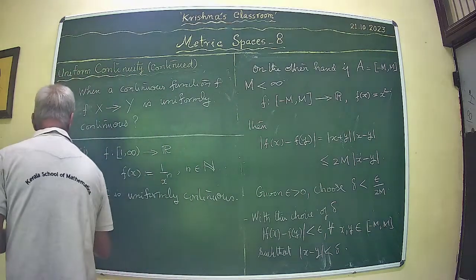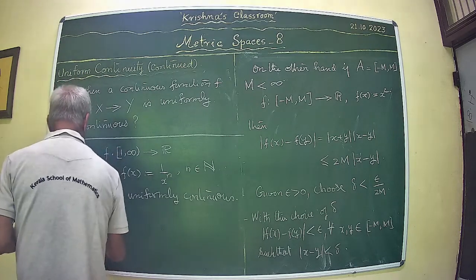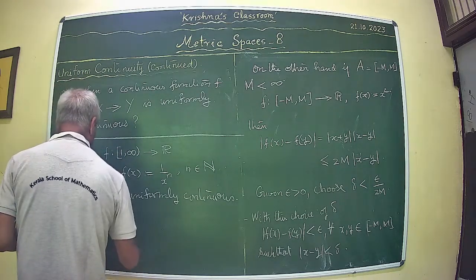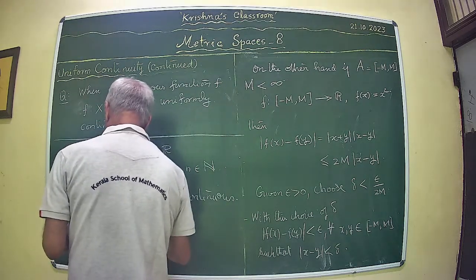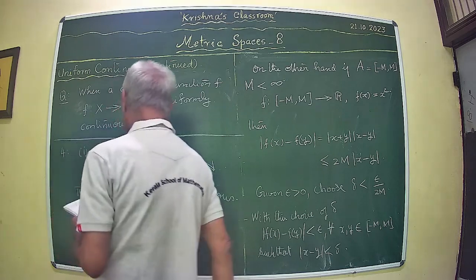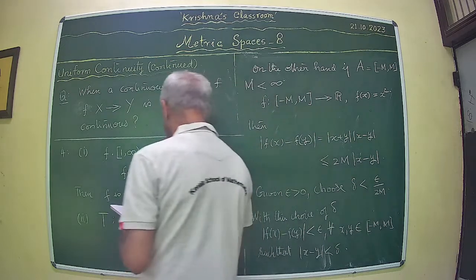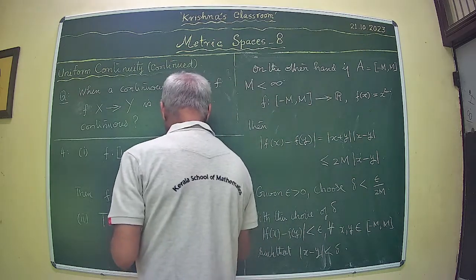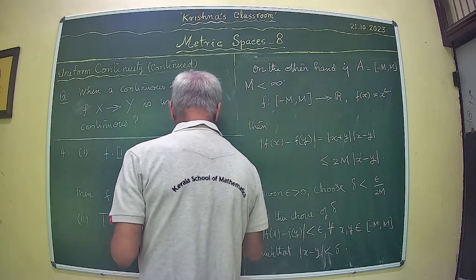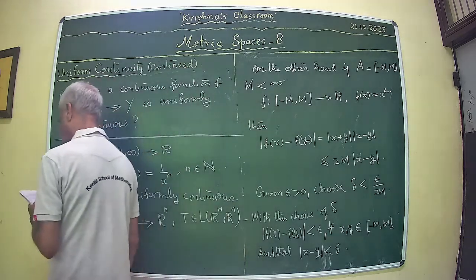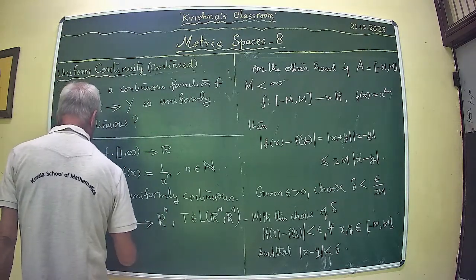The second problem that you can easily explore is this. Suppose T is a linear map from Rn to Rn. Then T is uniformly continuous.